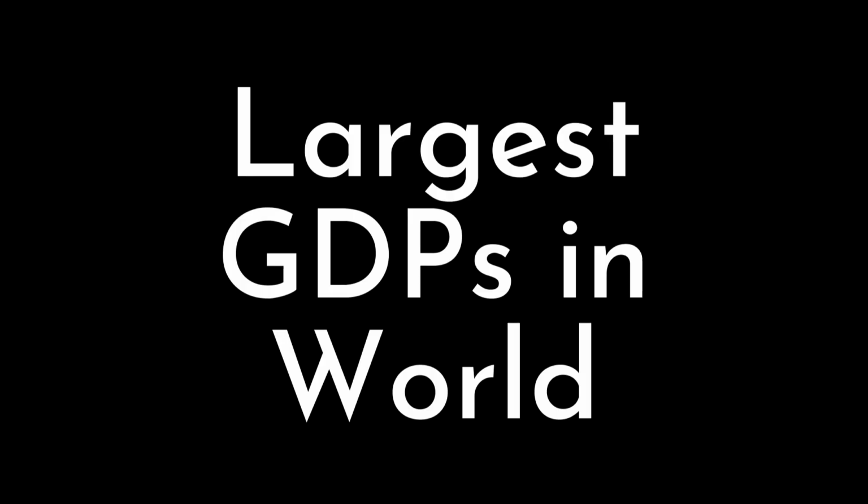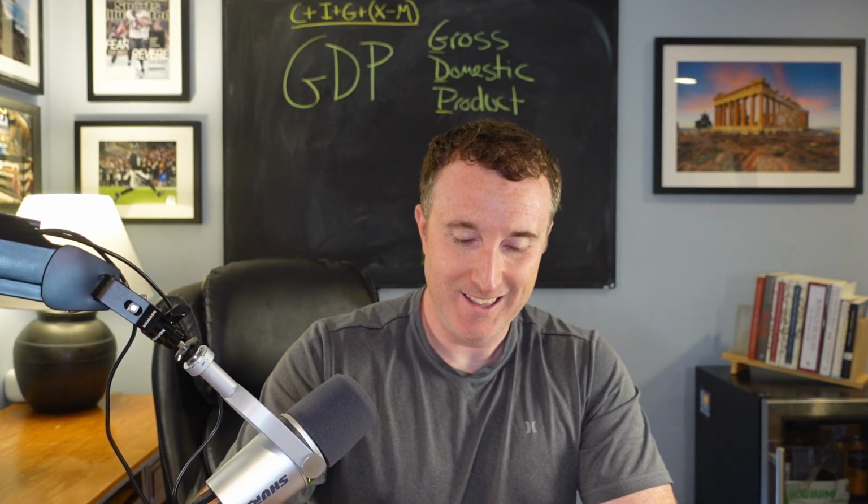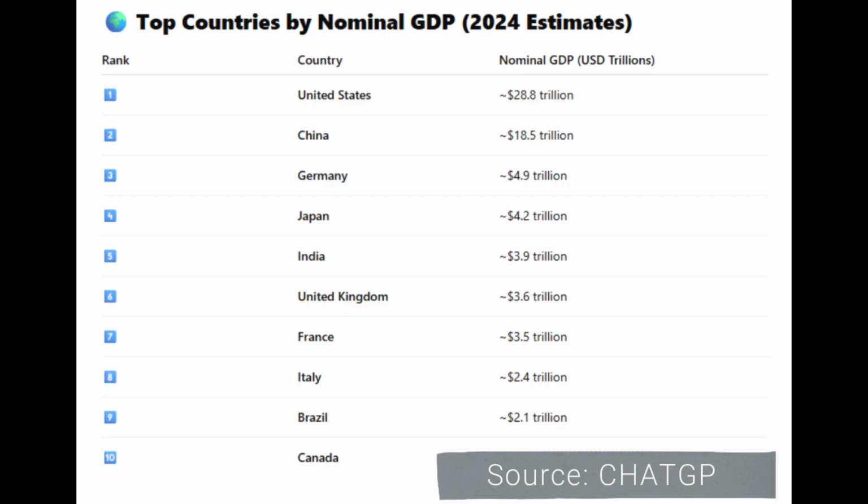Now let's talk about who has the highest GDP. We're going to look at it from a gross GDP perspective and a per capita perspective, and you'll see some of the same countries on the list for both, but you'll see there are differences. Who has the highest GDP? I'm grabbing two statistics here from two different sources.